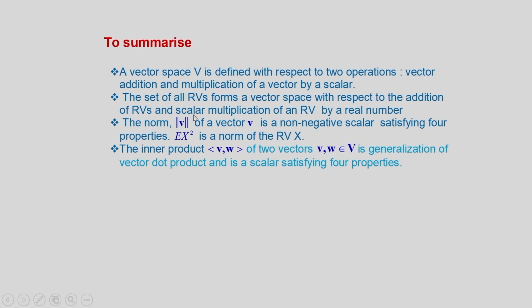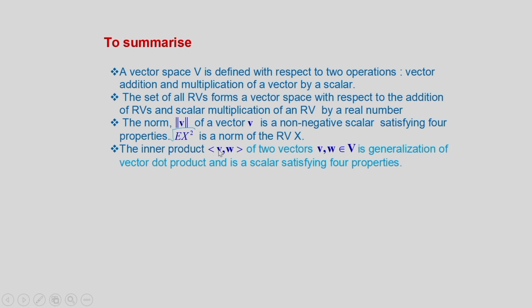The norm of a vector V is a non-negative scalar satisfying 4 properties, and the square root of E of x square is a norm of the random variable x.